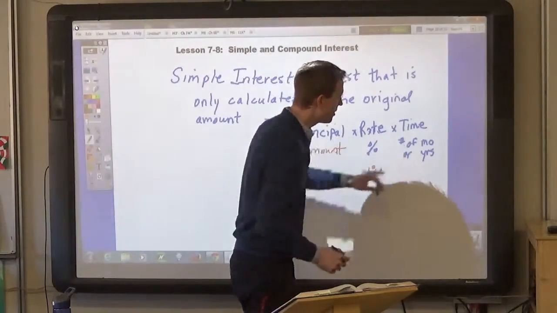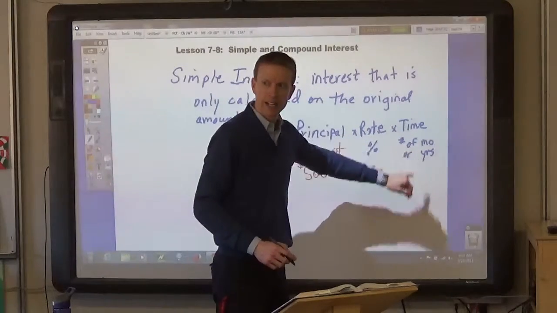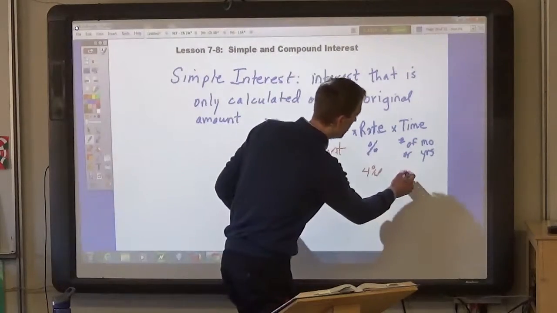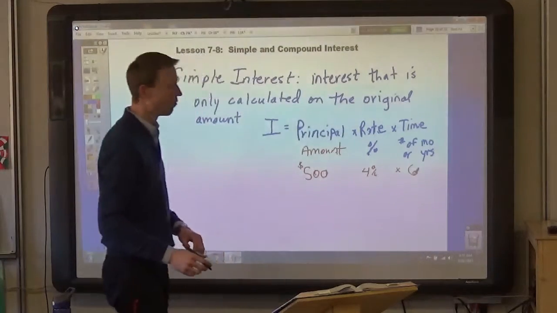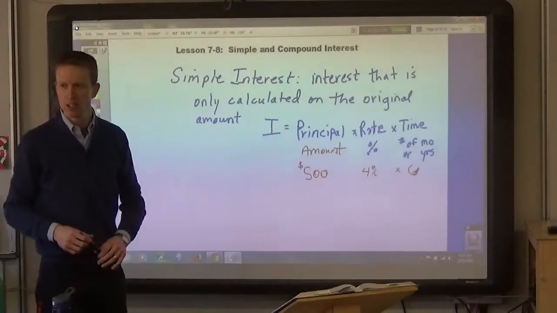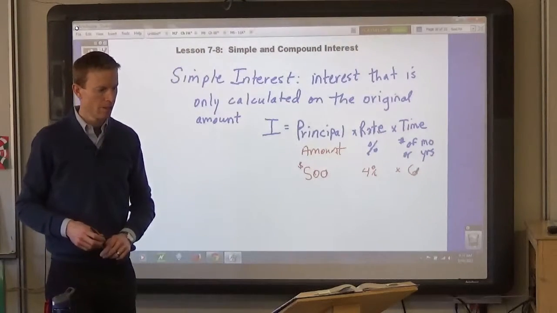So, in this case, since we're talking about years, it's going to be calculated 6 times for 6 years. So 4% each year for 6 years. Okay?